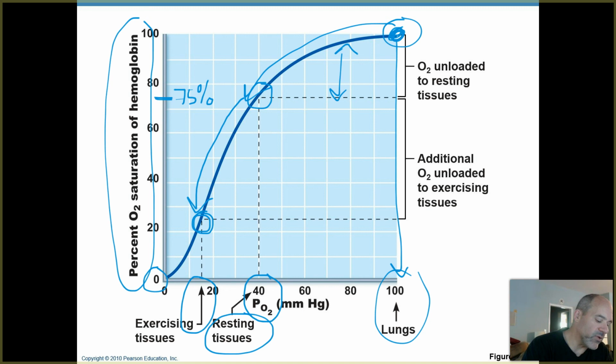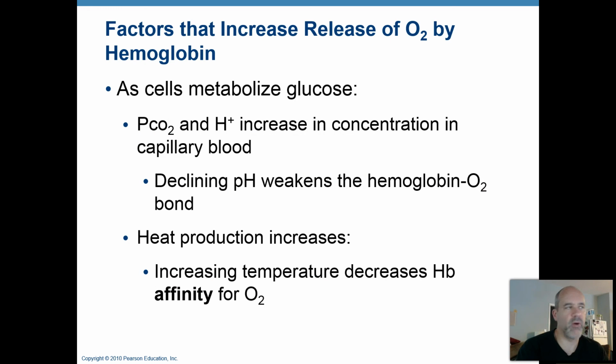So the saturation on the hemoglobins can actually drop down into the 20 to 30% range when you are supplying O2 to exercising tissues. That's just a graphical way of looking at what I just talked about.